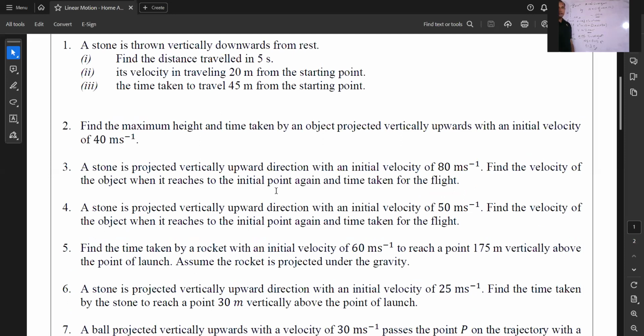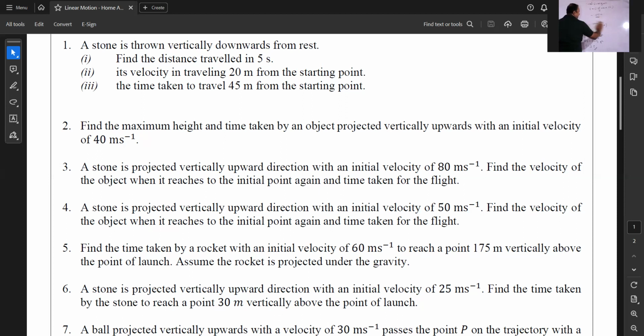The second one. Find the maximum height and time taken by the object.